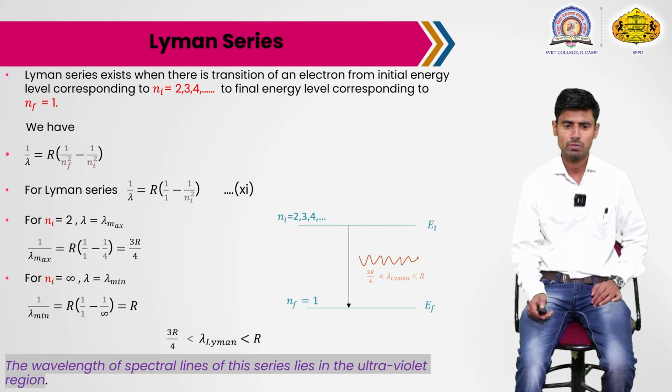So 1 by lambda minimum equals R times 1 minus 1 by infinity, which is just R. So you can observe that for the Lyman series, the wave number lies between 3R by 4 and R. Here R is the Rydberg constant. And if you calculate this wavelength, you will find that it lies in the ultraviolet region of the electromagnetic spectrum.